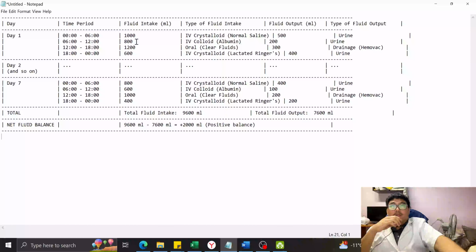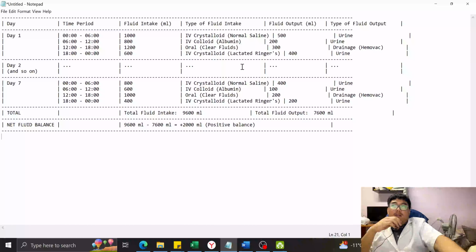So we give infusion therapy of crystalloid normal saline, 1 liter over 6 hours, albumin 800, clear fluids 1.2 liters, and lactated Ringer's solution 600 milliliters. We also calculated the fluid output, including the fluid from the hemovac. This continues from day 2, 3, 4, 5, and 6.